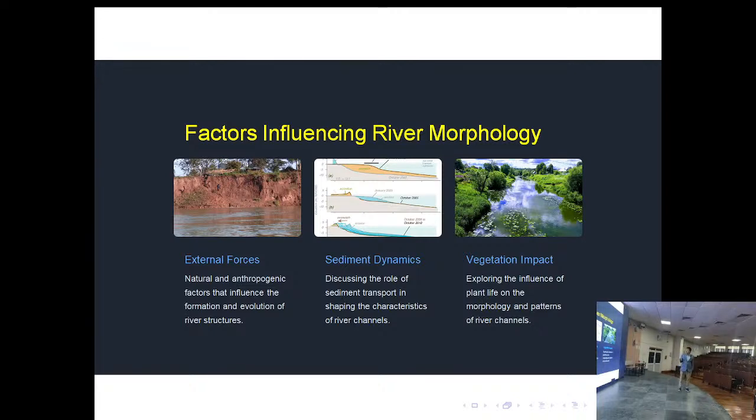Factors influencing river morphology I have already told, but in the broad sense you can say there are three: external, natural or anthropogenic factors; sediment dynamics; and third, vegetation, which I have already discussed.